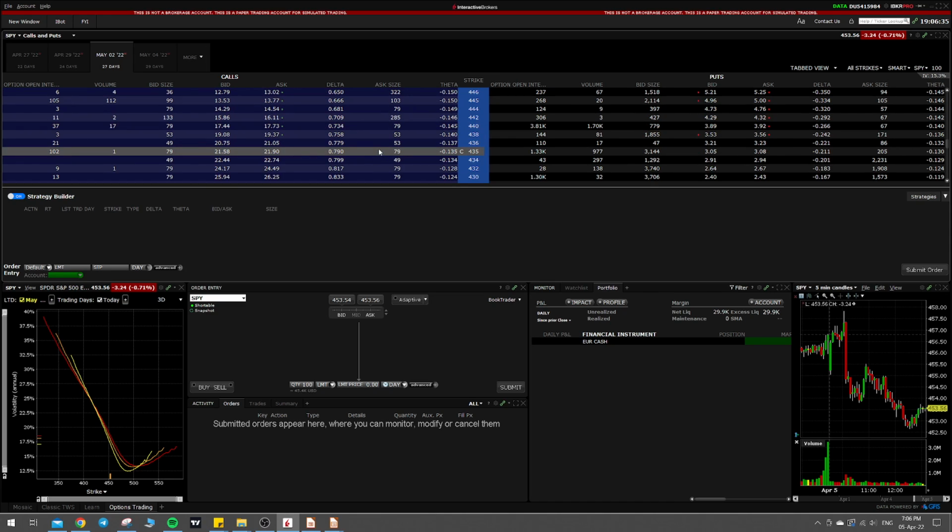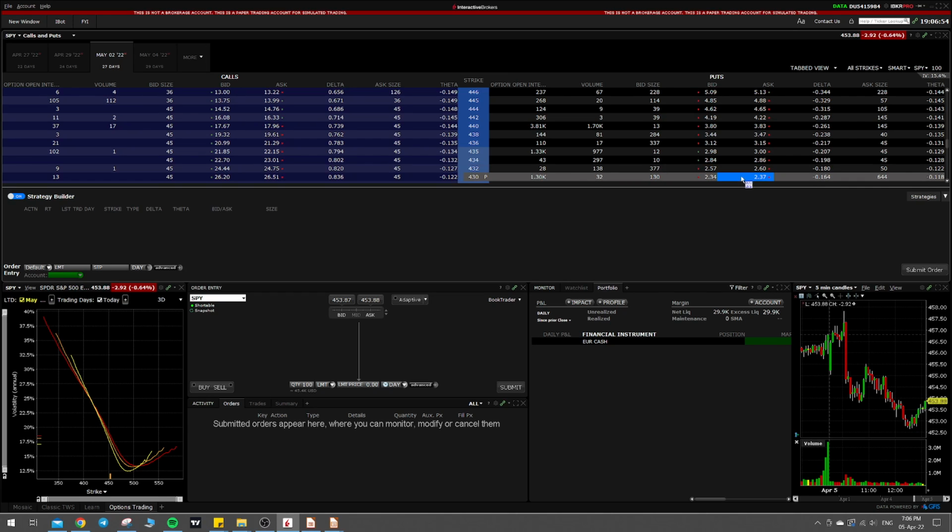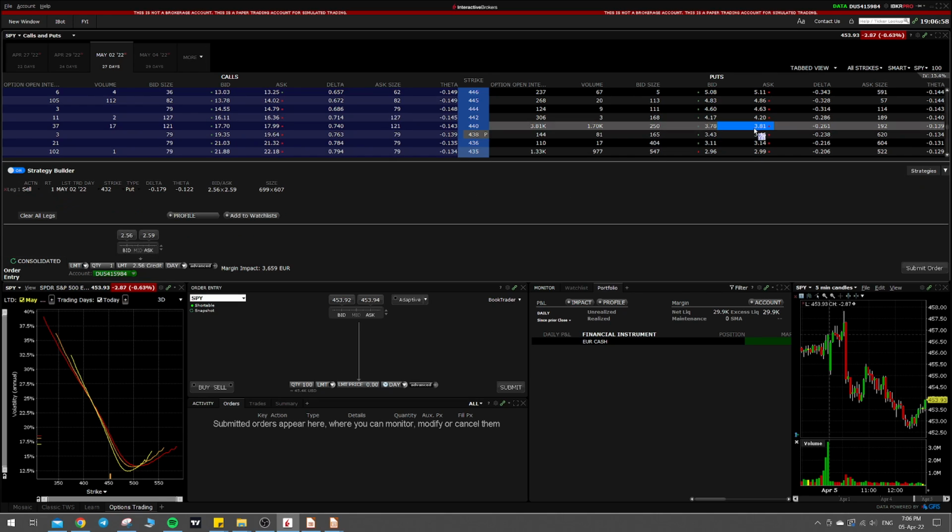For example, if I believe that direction is going to be bullish in the next month, and I want to sell this credit, I'm going to go on the put, and I'm going to sell for 250, and I will buy it back for 230.